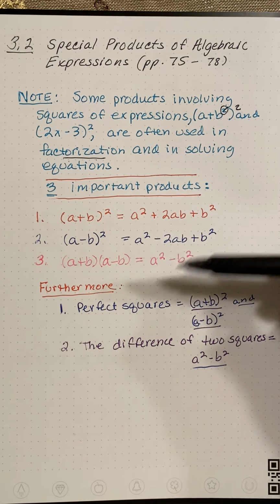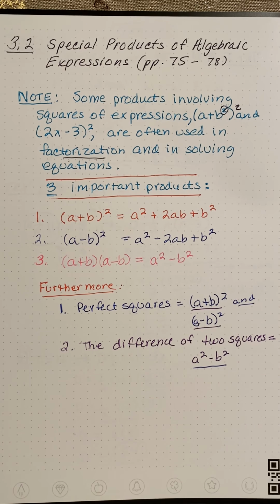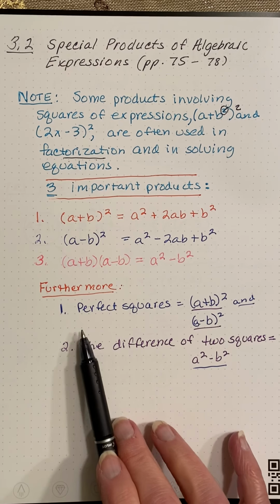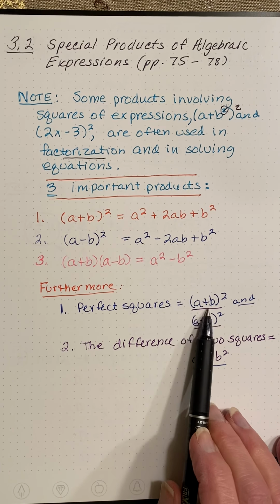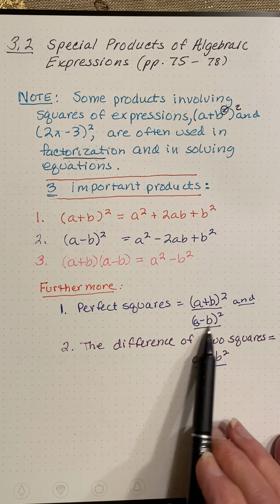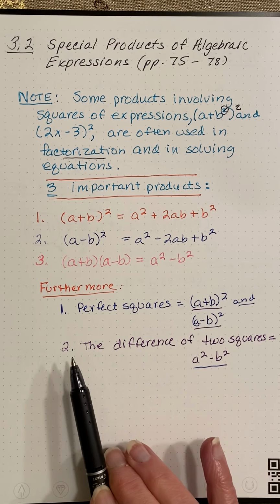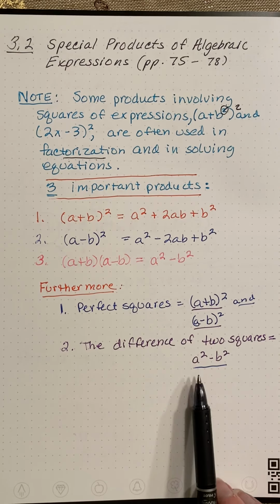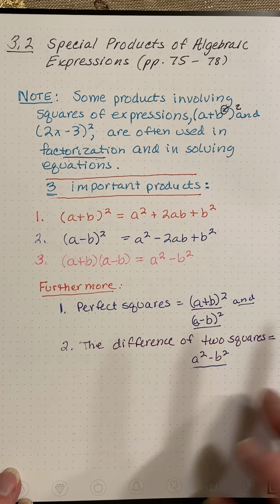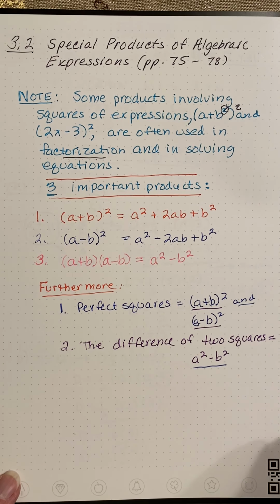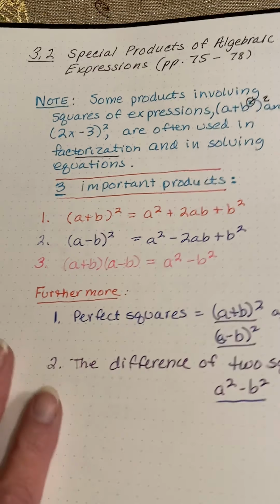If we recognize the patterns, we can save ourselves some steps by remembering these patterns. So furthermore, number one, perfect squares equals (a plus b) squared and (a minus b) squared. And the difference of two squares is always a squared minus b squared. Again, these will become more clear as we go through the lesson.